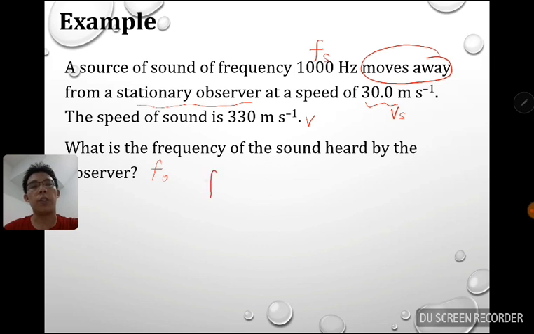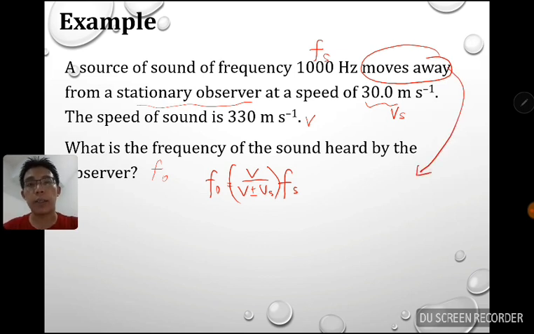So now we have two choices. FO equals V divided by V plus or minus Vs times Fs, right? So back to the move away now. So move away, our sense tells us that it is going to have a lower frequency. Lower frequency means that this fraction here will now have to become smaller than 1.